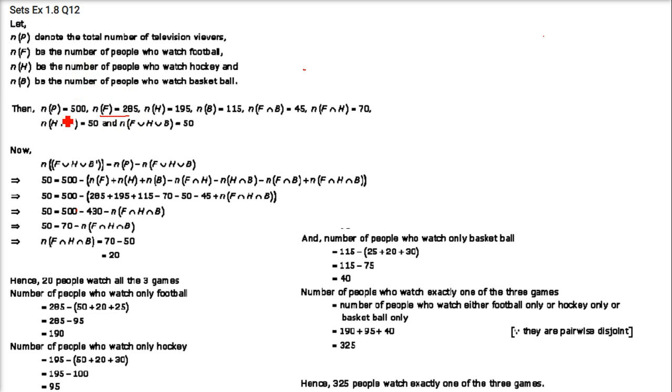The total number of television viewers, NP, is 500. 285 watch football, 195 watch hockey, 115 watch basketball, 45 watch football and basketball, 70 watch football and hockey, and 50 watch hockey and basketball.